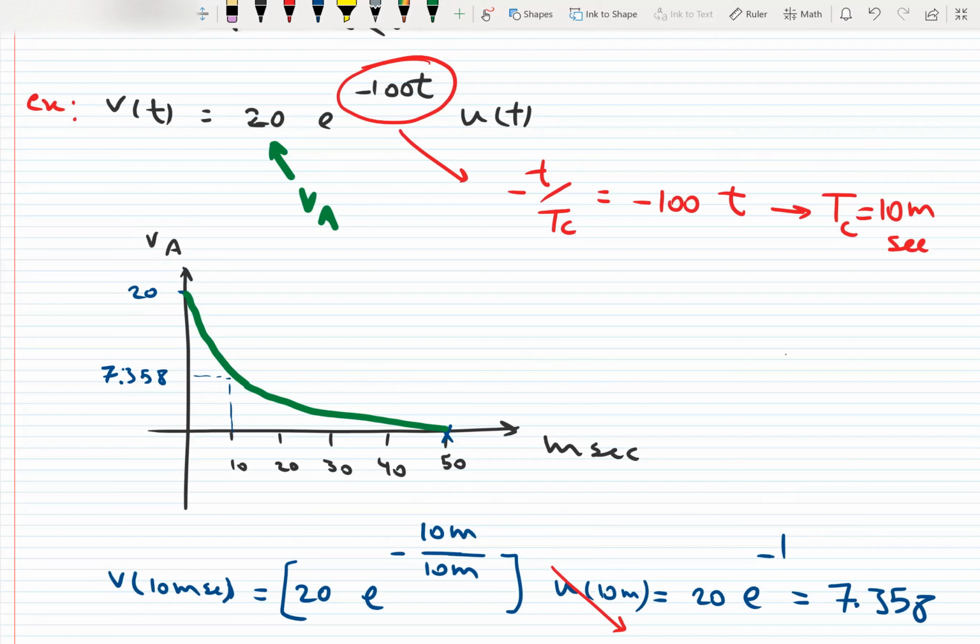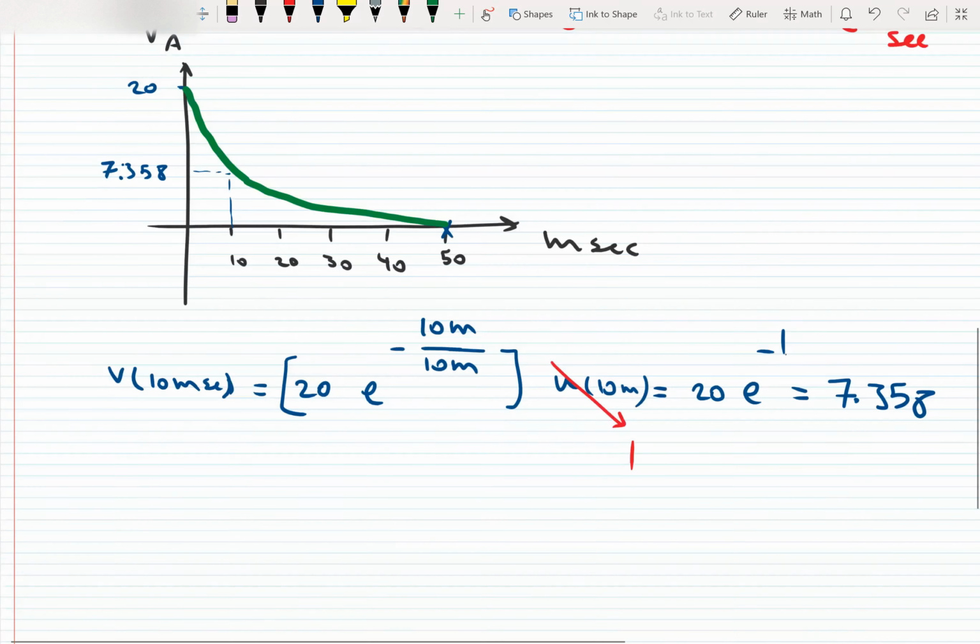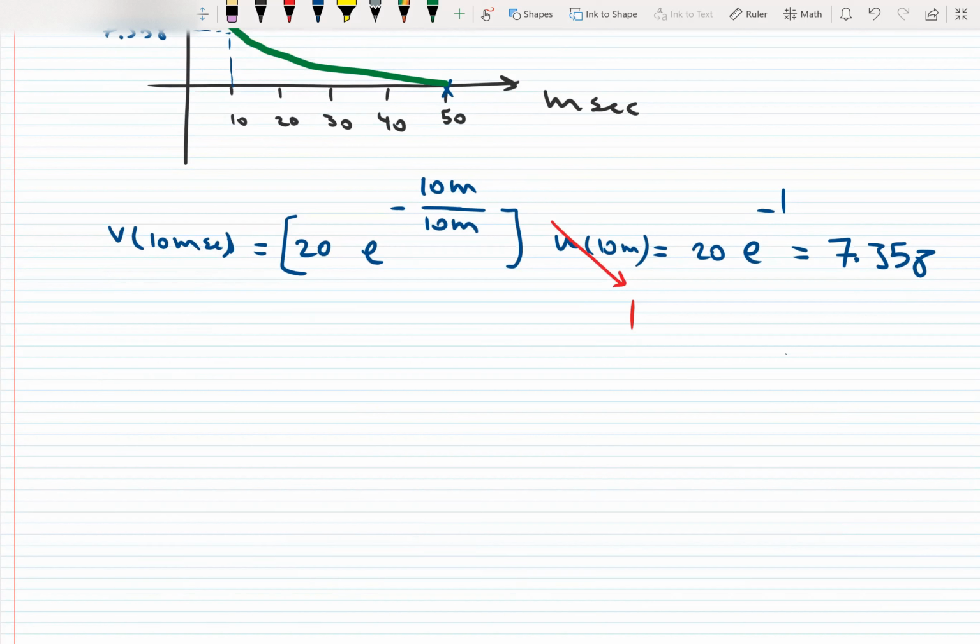Okay, now that we learned how to graph an exponential signal, let's talk about the time shifting of this kind of signal.